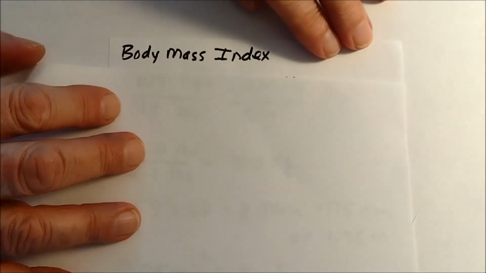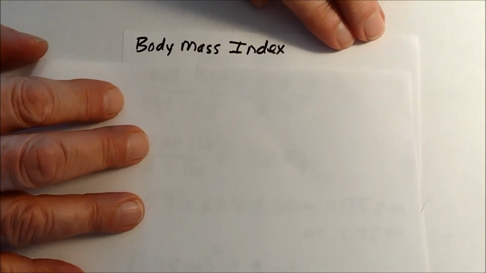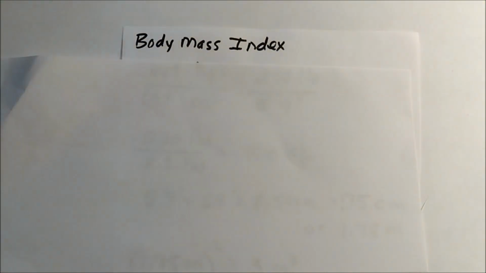I've put together some information here about how to figure out if you or one of your friends or family members is obese. And the idea is called the body mass index, okay? This is a ratio of your weight to your height. It's in the metric system, so the weight has to be expressed in kilograms, and the height has to be expressed in centimeters converted to meters.